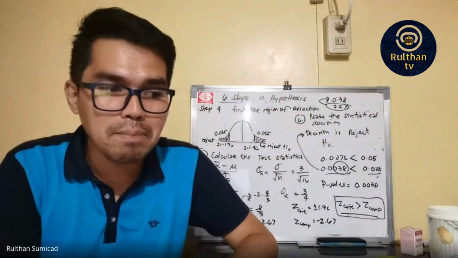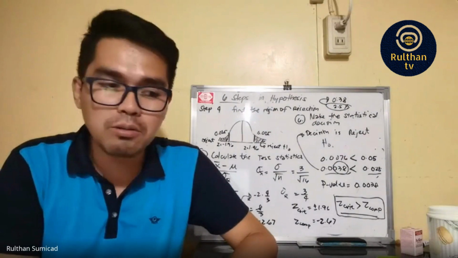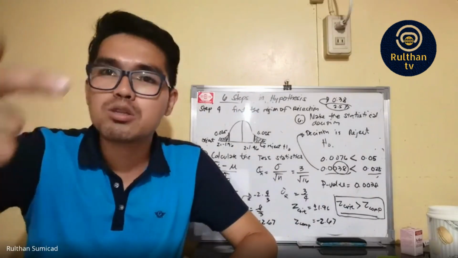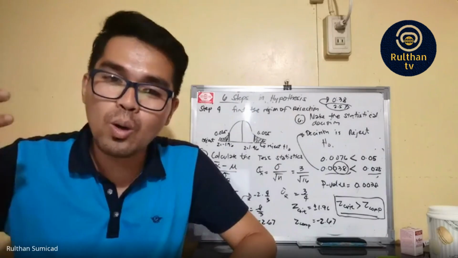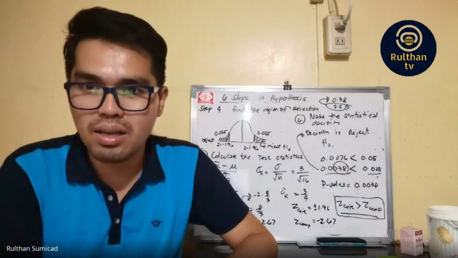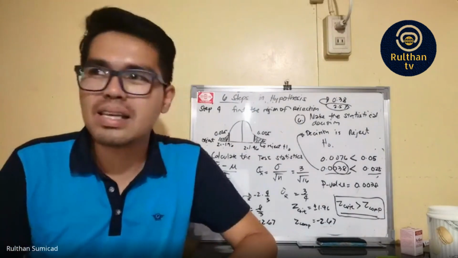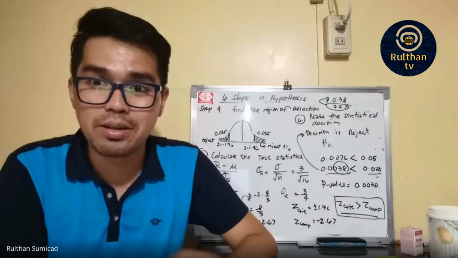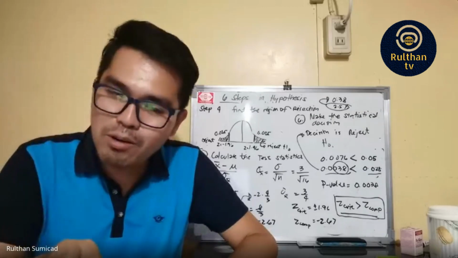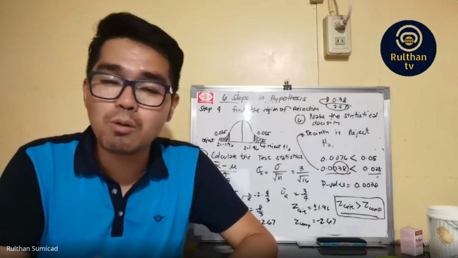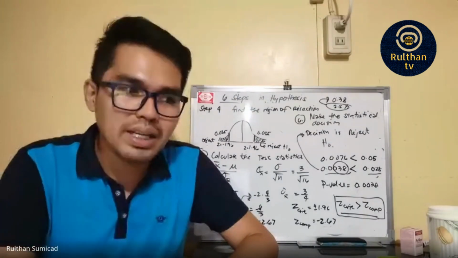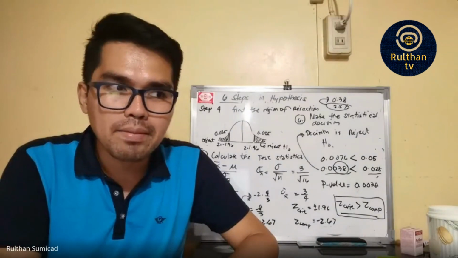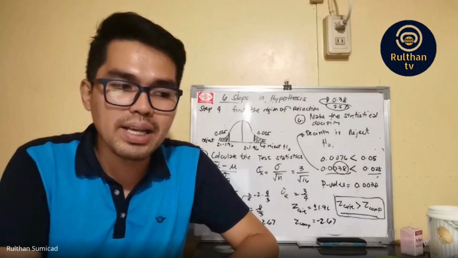Because convenient sampling happens where you will choose all your friends to be part of your sample because it's easier to consider them. So that's a violation already of random selection. Okay? So again, for one sample z-test to work, you need to consider a sample that is randomly selected.